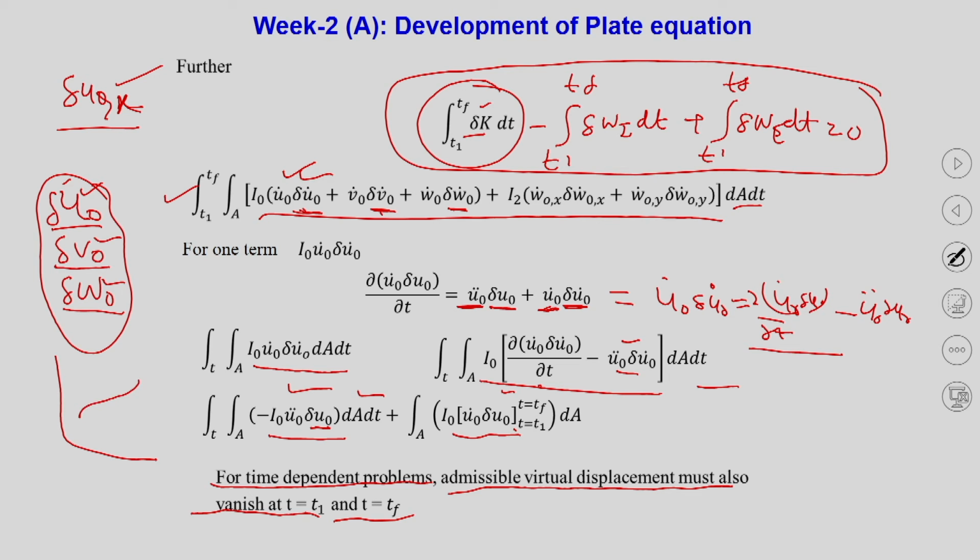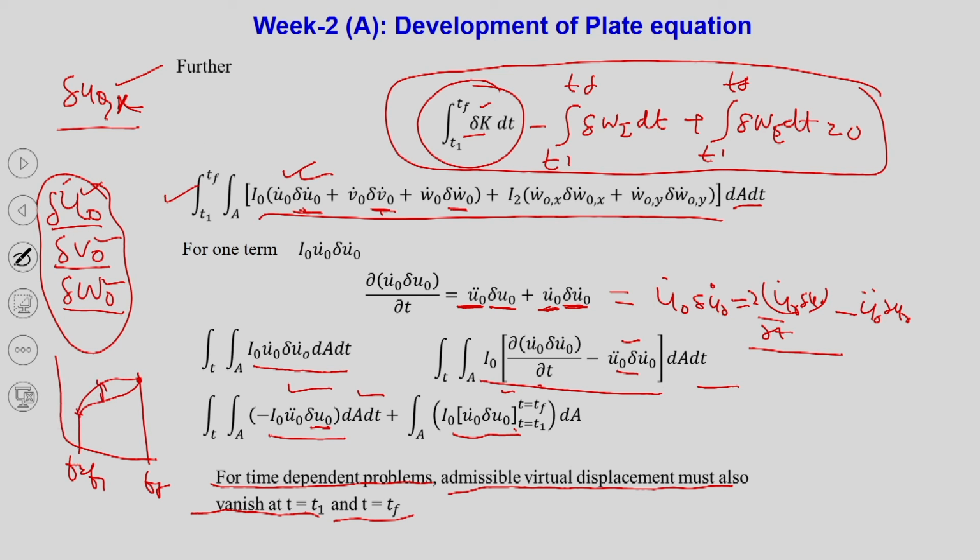If you have a function and you have a variation, so if this is my initial time and this is my final time, it is exactly matching, there is no variation, that should vanish. So, del u naught only in between is nonzero, but here it is equal to 0. So, this will vanish, so this term will not contribute at all.